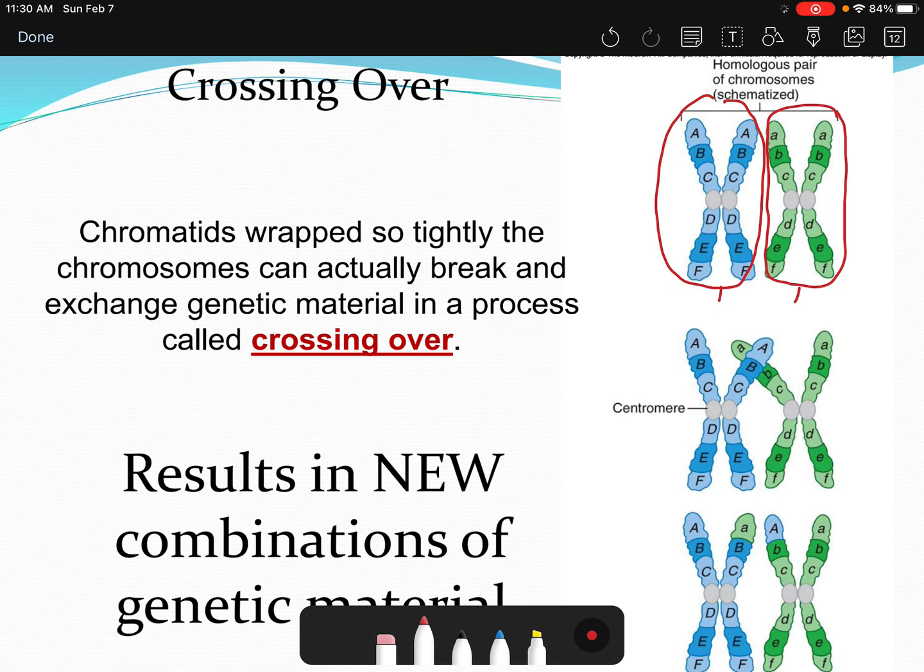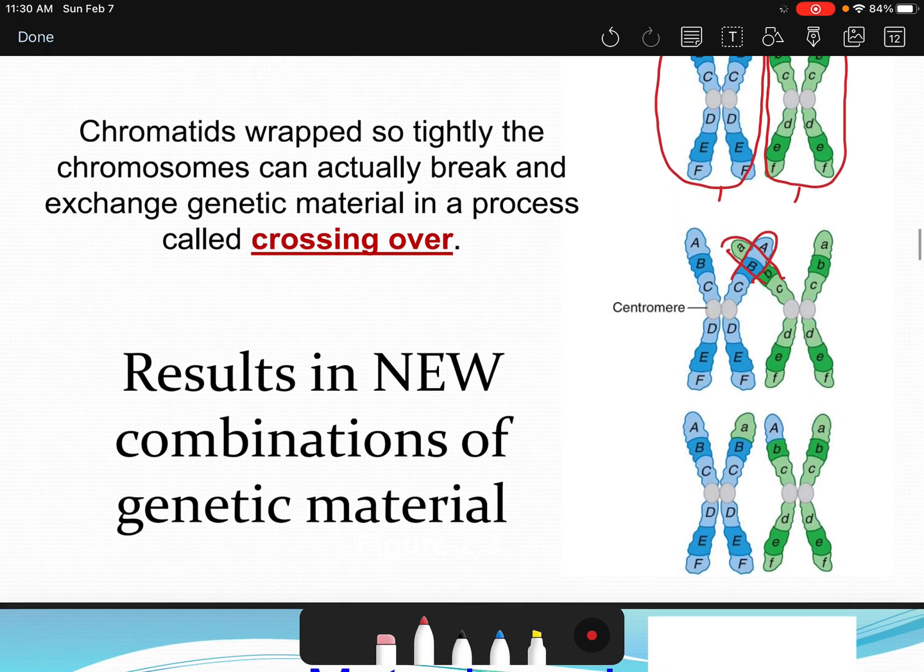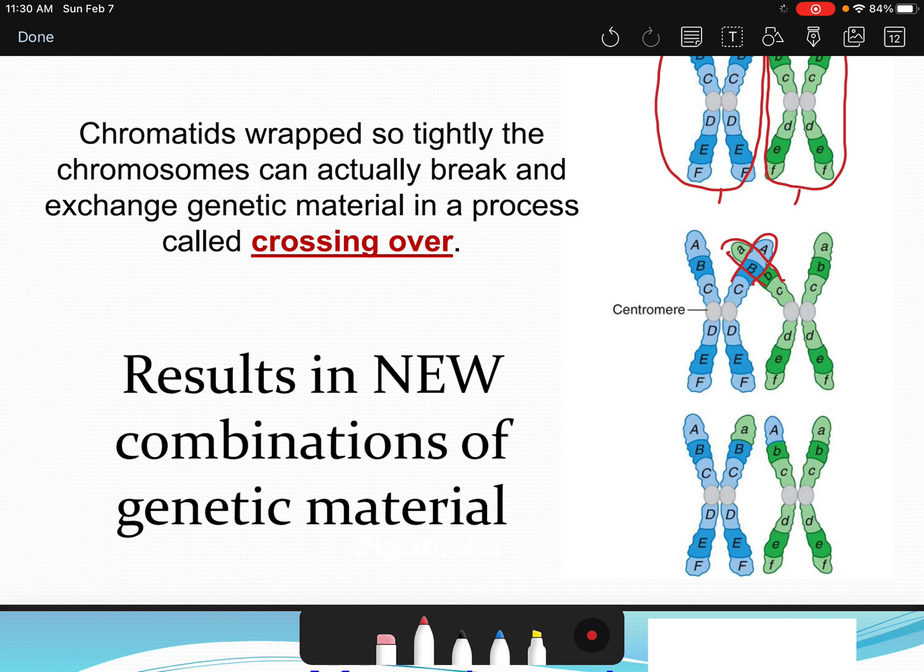So what can happen during prophase 1 is when those homologous chromosomes pair up, they can actually cross over like this, and they can actually trade tips of their chromosomes. So now look, this chromatid still stayed the same, but this one now has a new combination because it traded the tips, that gene, with the other homologous chromosome, and now this one has a new combination as well.